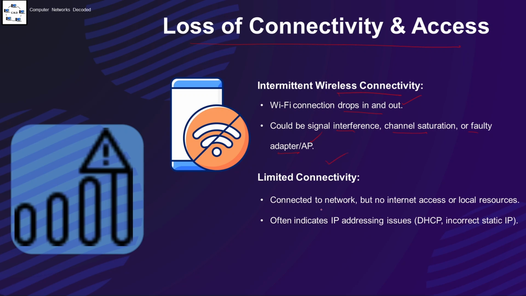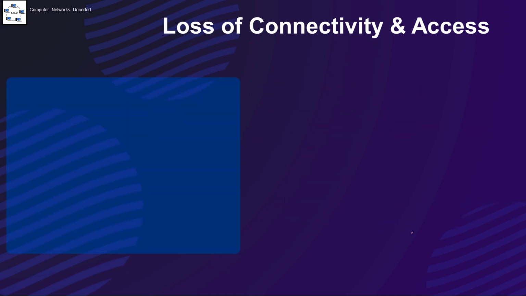Limited connectivity, the device may be connected to the network but has no internet access or local resources, which is often an indication of IP addressing issues such as DHCP or an incorrectly configured static IP.